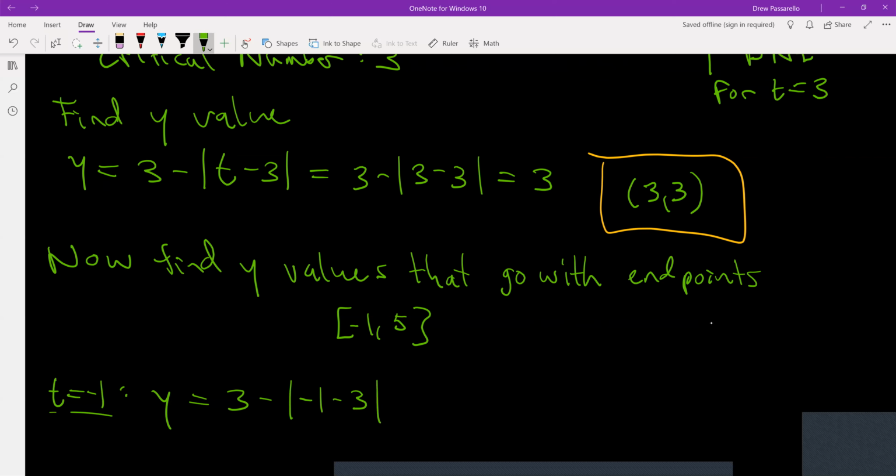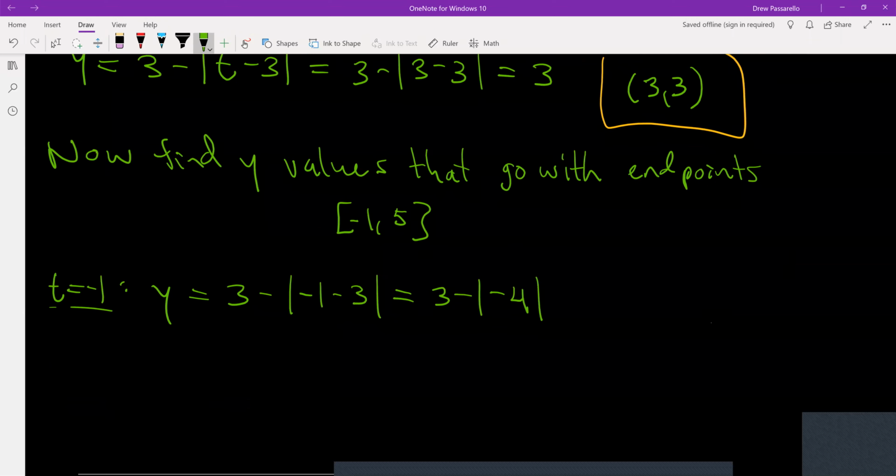That's the absolute, so 3 minus the absolute value of -4. And we know absolute value changes a negative number into positive, so that's really 3 then minus +4. So you get -1. All right, so when you plug in -1, the output is -1.